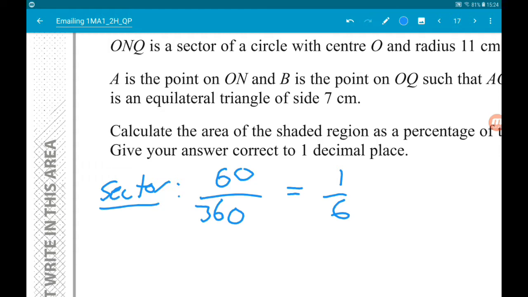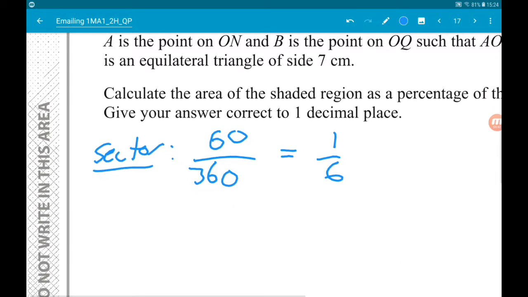So the area of a circle is pi times the radius squared. So the area of this sector is 1/6 times, the radius is 11, so the radius squared is 121, so it's 1/6 times 121 pi.